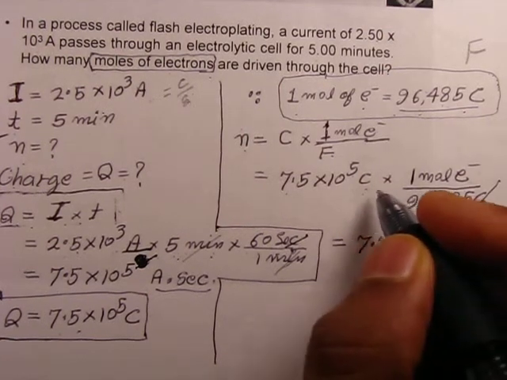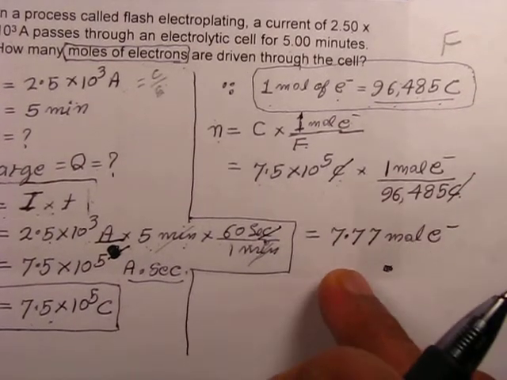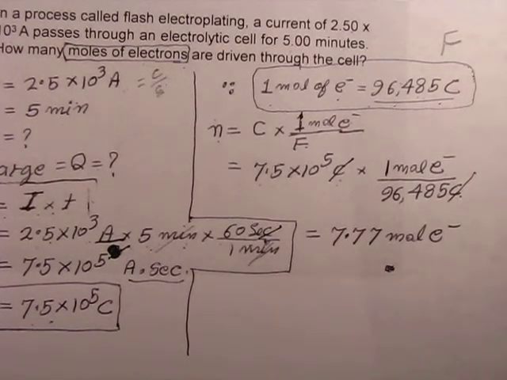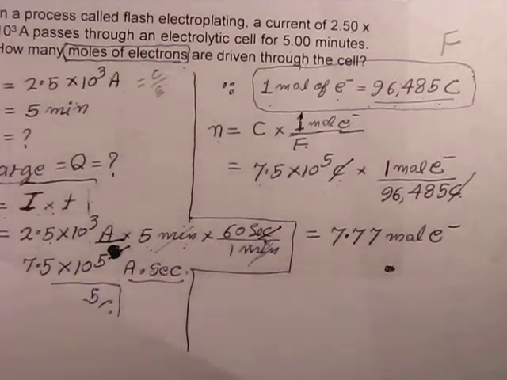The coulomb cancels out, and we get the answer in moles of electrons. So this was one example in which we figured out how to calculate the number of moles of electrons. Then we have another question which is a little different.